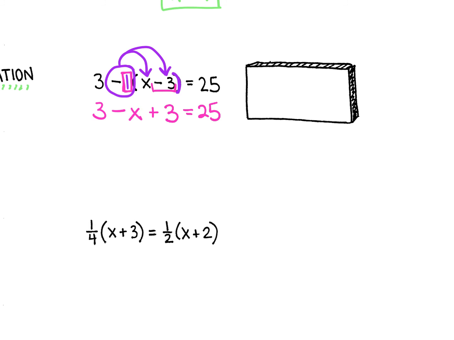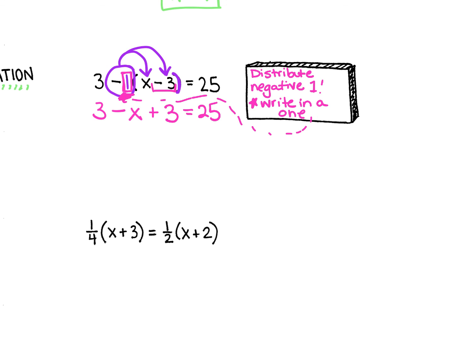So let's write as a reminder here, distribute negative 1 when there is not a term in front of the parentheses. And to help you, write in a 1 right here.